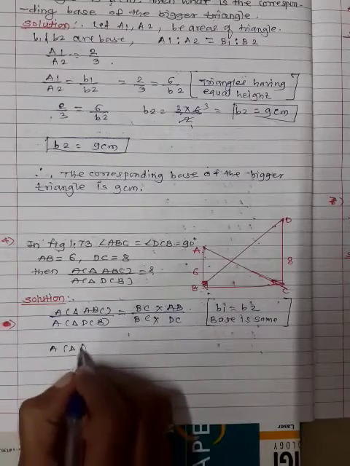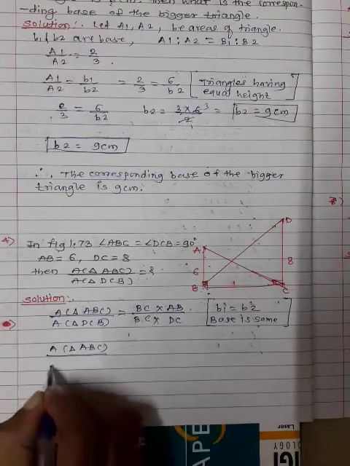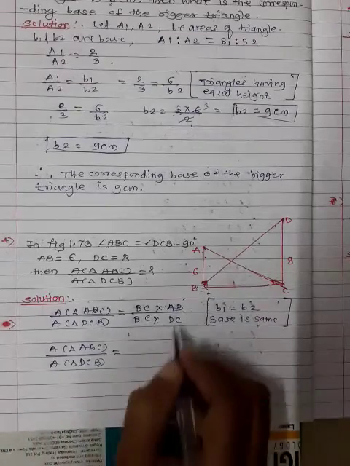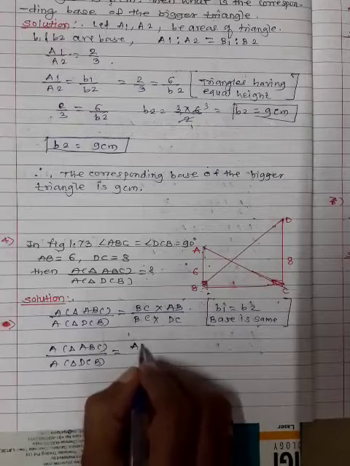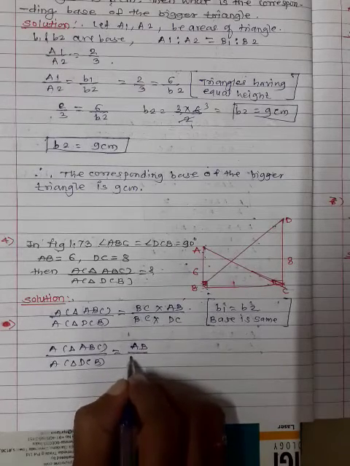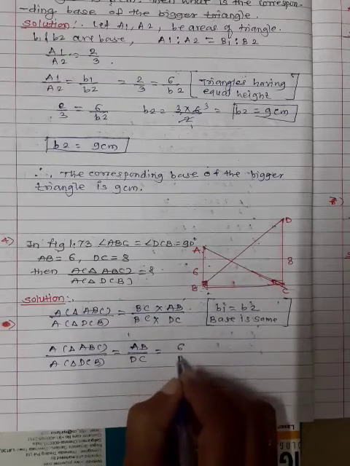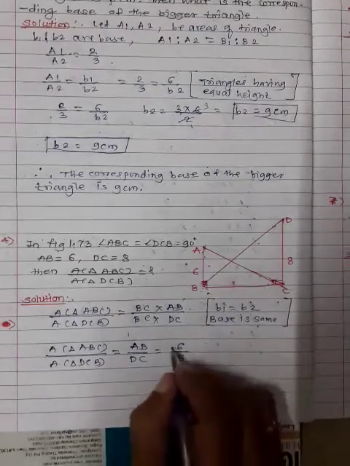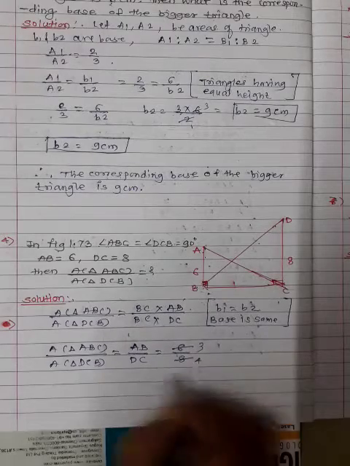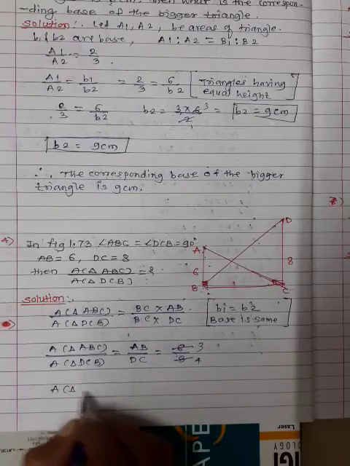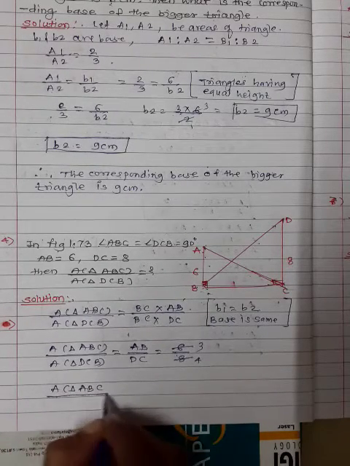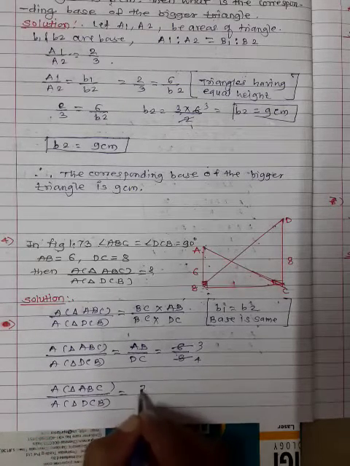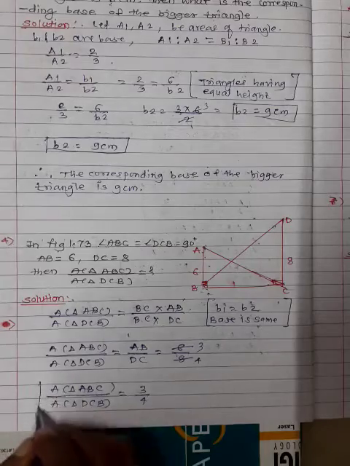Area of triangle ABC upon area of triangle DCB is equal to, the base being common, AB upon DC, which is equal to 6 upon 8. Simplify. 2 threes are 6, 2 fours are 8. Area of triangle ABC upon area of triangle DCB is equal to 3 upon 4. This is the answer.